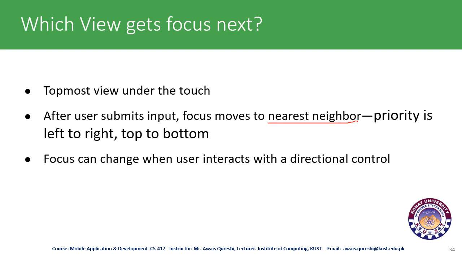What is the nearest neighbor that will get the next focus? In that case, there is a priority to assign focus to certain elements, and that priority is always from left to right and then top to bottom. So remember this point while designing your apps: there is a priority involved in focus, and that priority is from left to right and top to bottom.